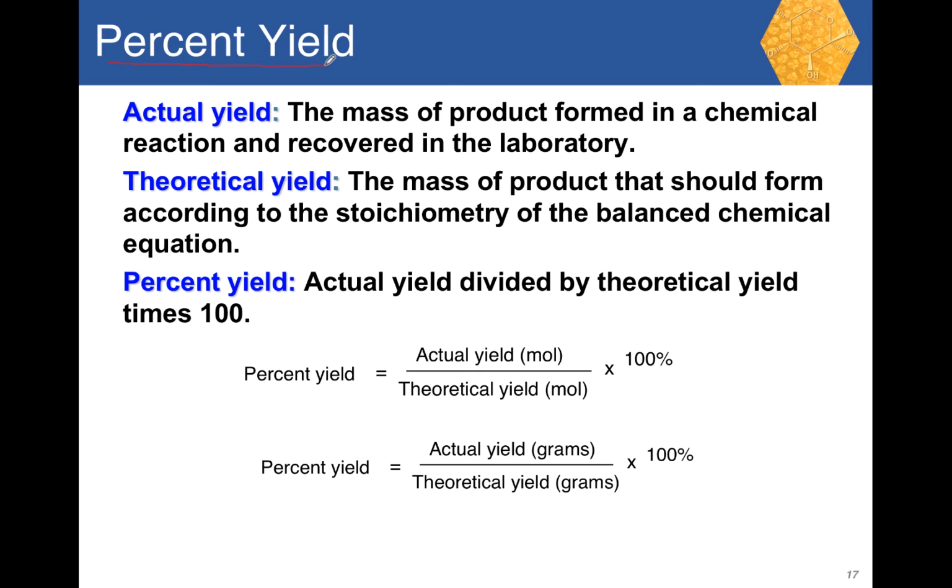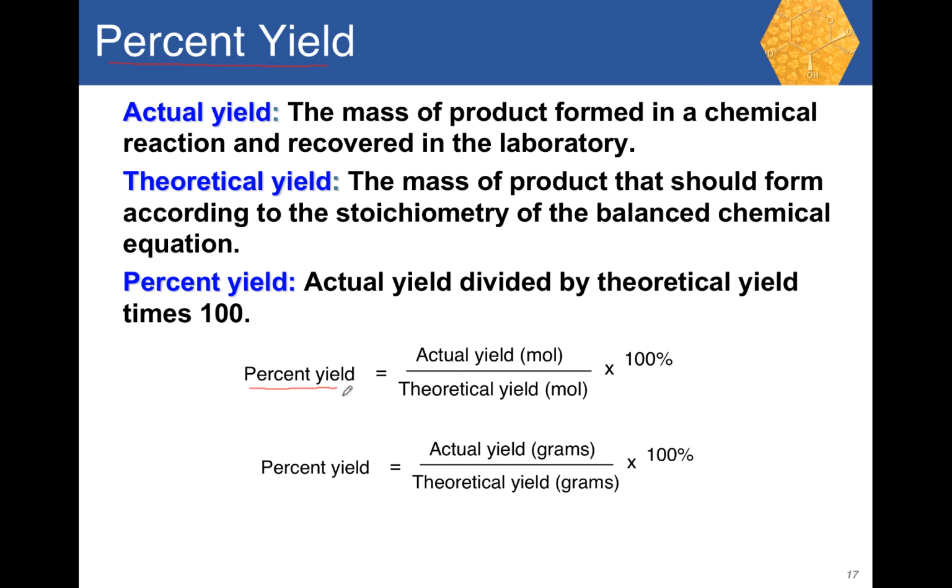But you will have to isolate the product that you really want and calculate how much of that product you actually got. So what's done here is we have an equation called the percent yield, which actually tells us how well that reaction went to produce as much of the product that we wanted.